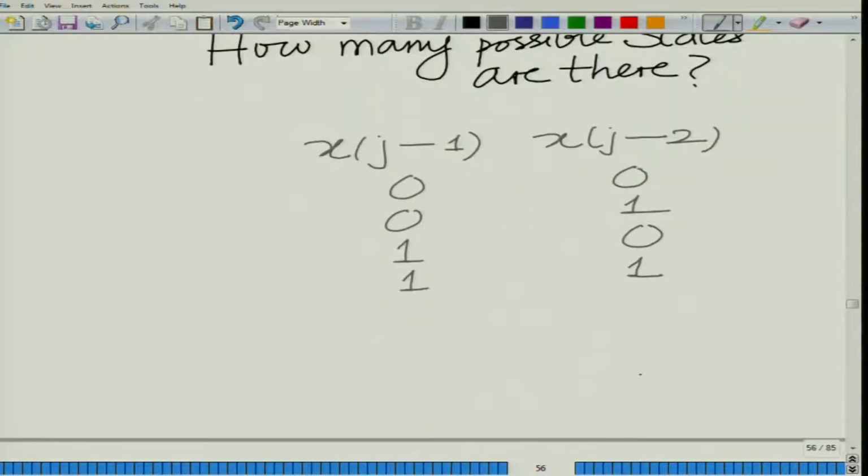This is a simple application of the principle of total number of possibilities, because each can be chosen in 2 ways.